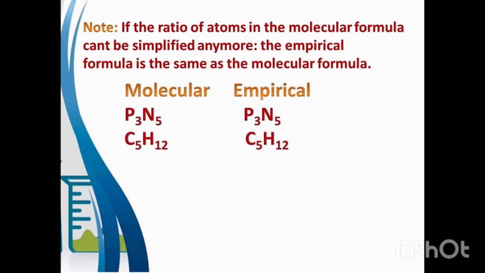So for example, a molecular formula of a compound with 3 and 5 cannot be simplified anymore. In this case, the empirical formula is the same as the molecular formula. So we don't need to reduce it.